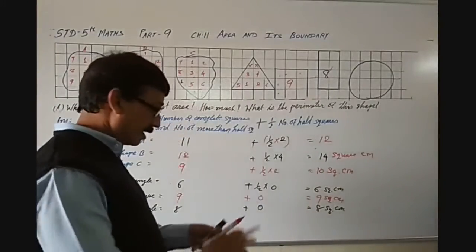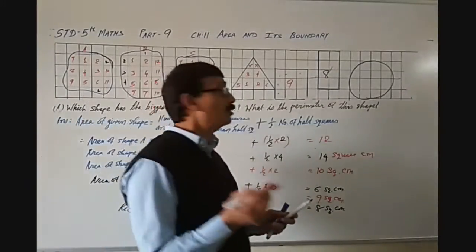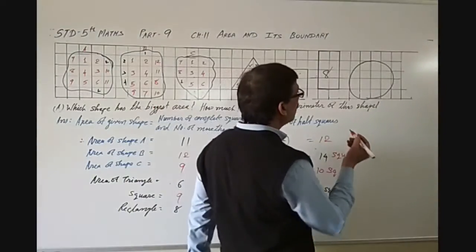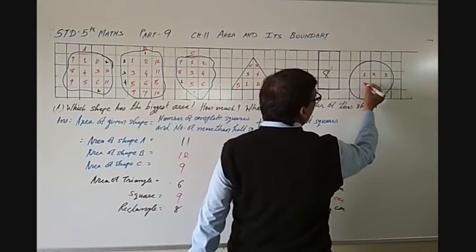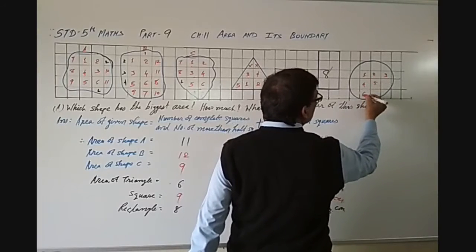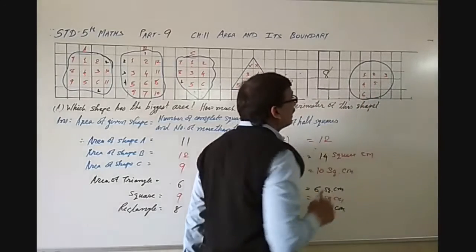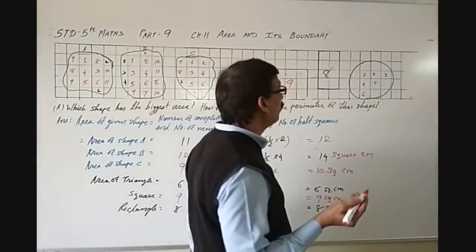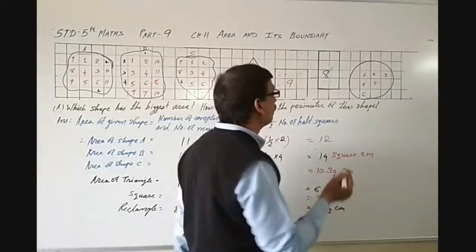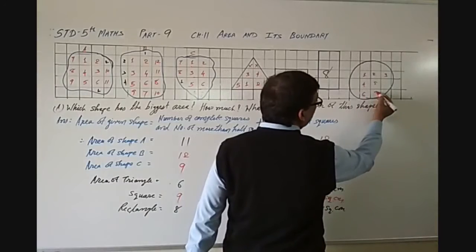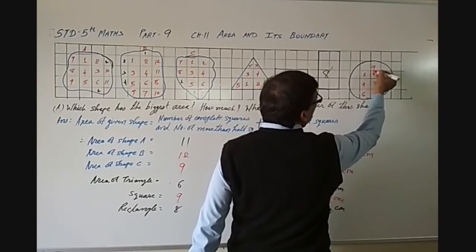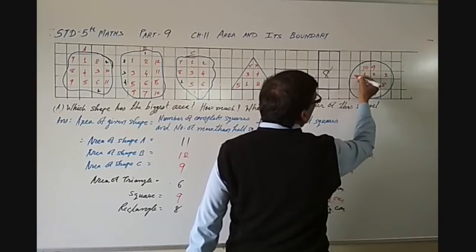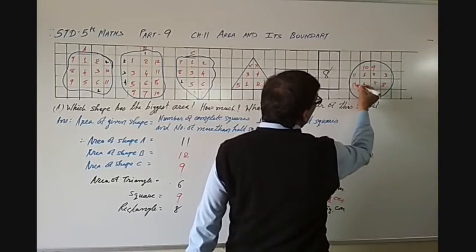Now there is a circle for which we have to calculate. Let's go for the complete squares. 1, 2, 3, 4, 5, 6. 6 are the complete squares. Now let's go for the squares more than 1/2. So this is 7, 8, 9, 10, 11, 12.